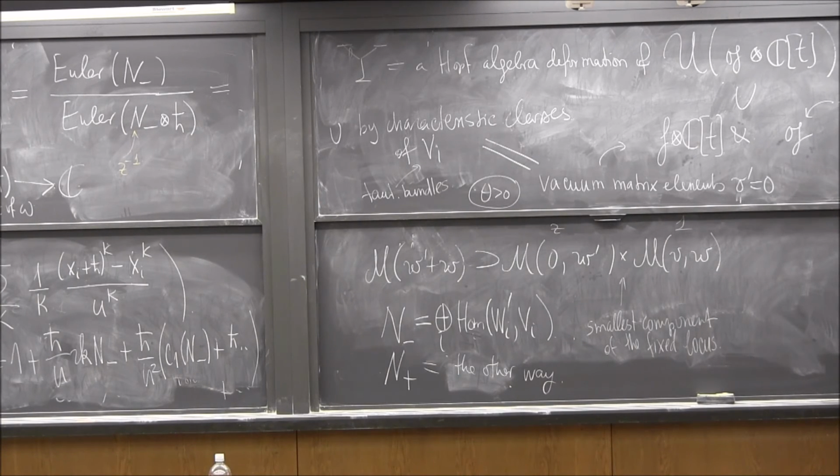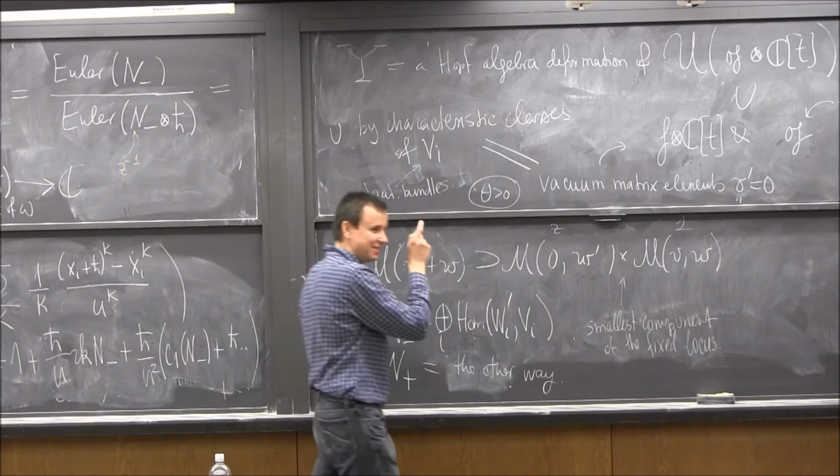Embarrassingly, it's apparently unknown whether the cohomology of Nakajima varieties is actually spanned by them.